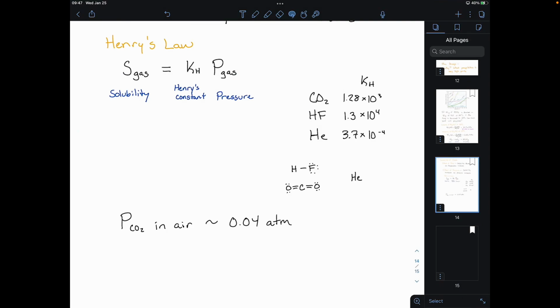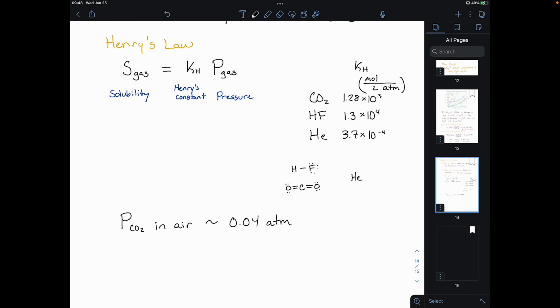And these KH values, I'm pretty sure are moles per liter atm.